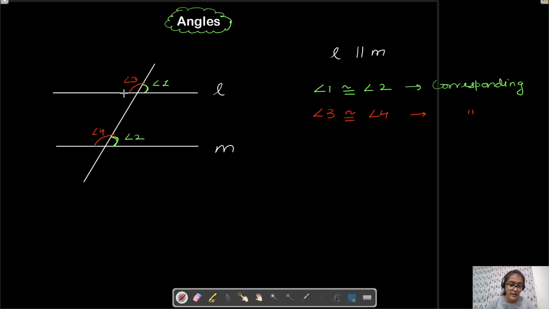So this angle and this one, angle 1 itself. Okay, so let's say that this is angle 5. So angle 1 and angle 5 are your vertical angles. So angle 1 is going to be congruent to angle 5, and they are called vertical angles.